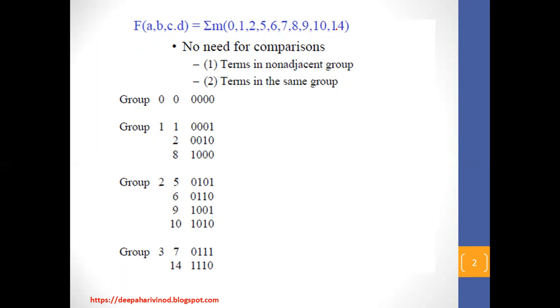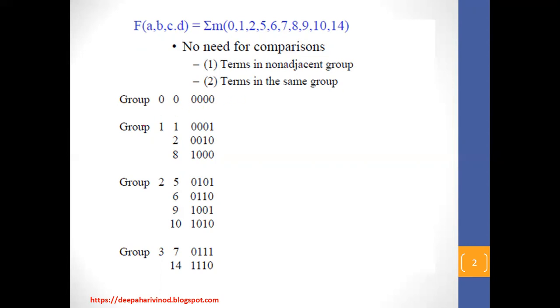First we have to find the minterms, and then the first step is to group them according to how many ones they contain. The first index, or group 0, has no ones.